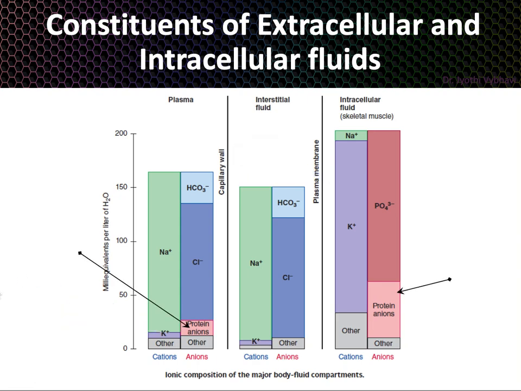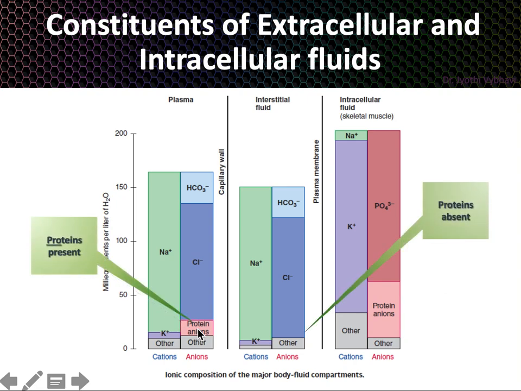And the difference you have to remember: in intracellular there is protein, in plasma there is protein, that is in the capillary there is protein, but in the interstitium there is no protein. This is the major difference between plasma and interstitium. Other than that, everything is the same between the capillary and the interstitium. The only difference is these proteins.